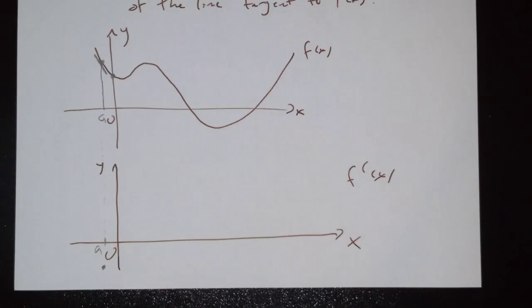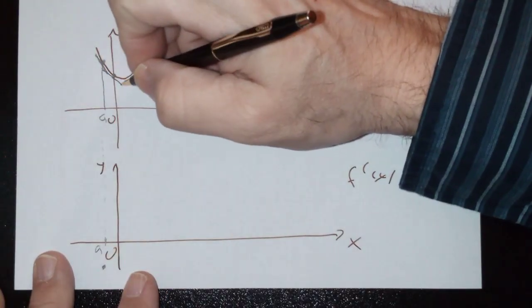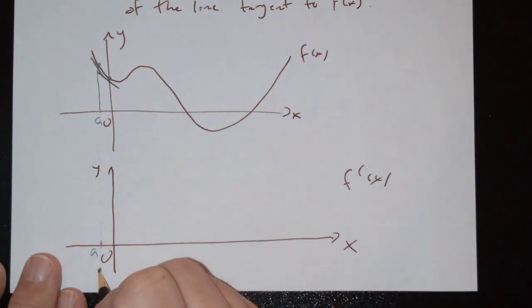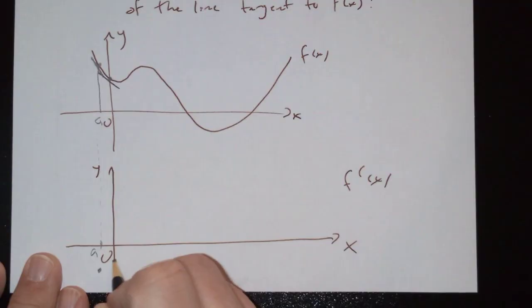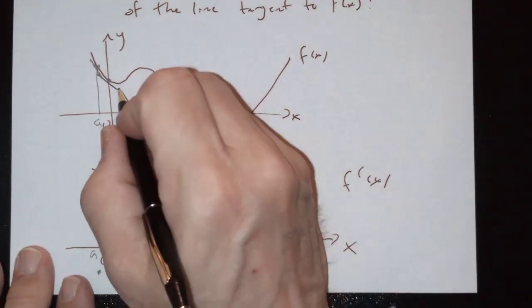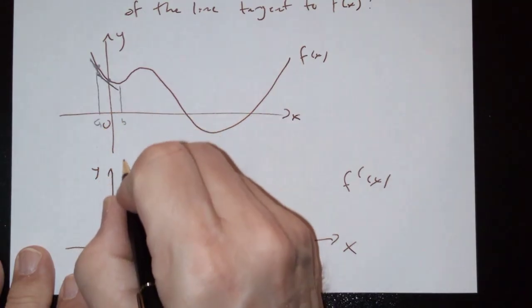Less negative, but still negative, right? It should be maybe a little shallower, but that makes it less negative. That means we're going to be closer to the x-axis, aren't we? We're going to have a little less negative value. Here, B.